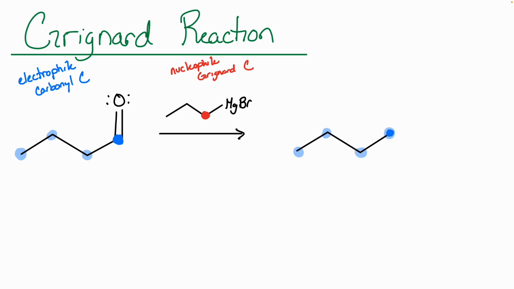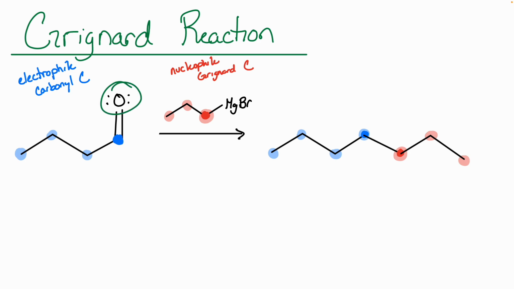I'm going to draw my new carbon-carbon bond. What lives on the other side of that new carbon-carbon bond? It's got to be that red carbon from my Grignard. All right, and then my Grignard also wasn't just 1 carbon, but had 3 carbons. I'm going to add those remaining 2 that I need. Okay. Lastly, our oxygen from our aldehyde here, it did not just fly off into space.